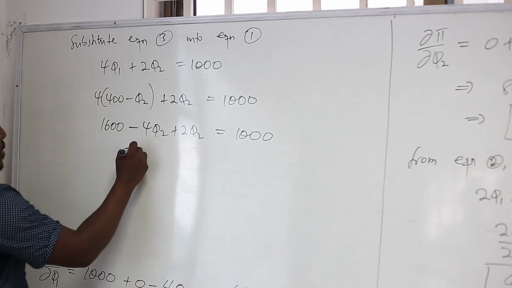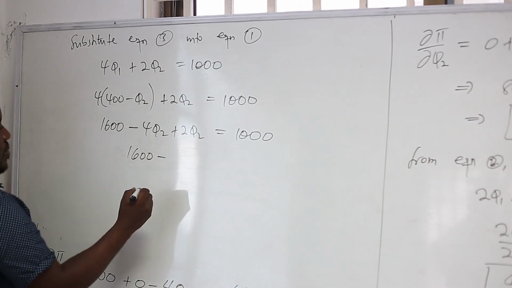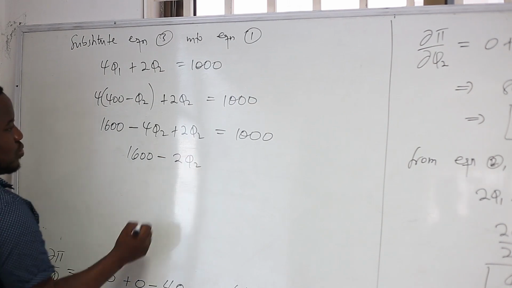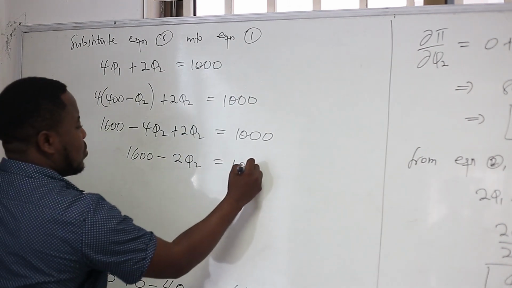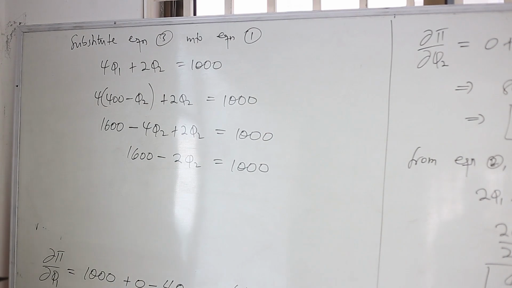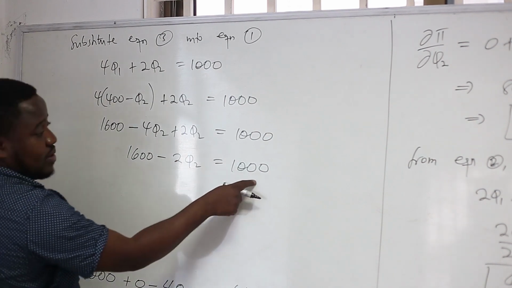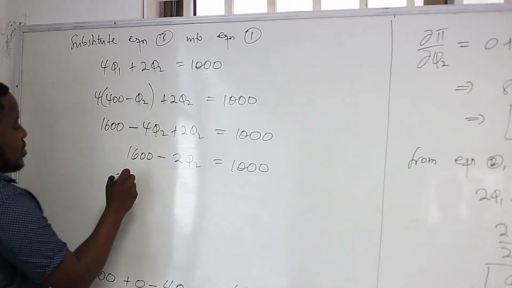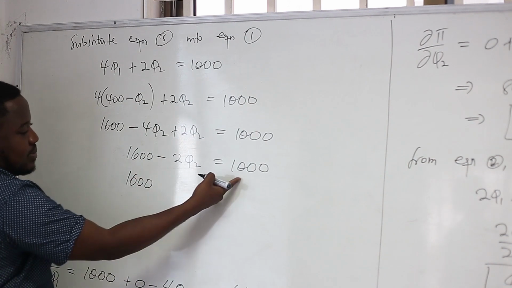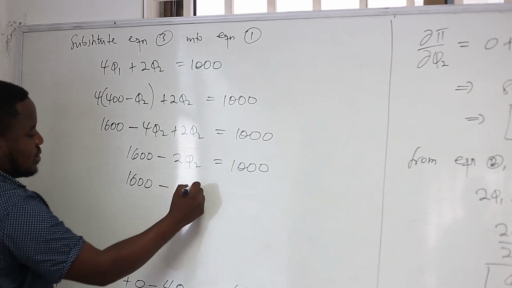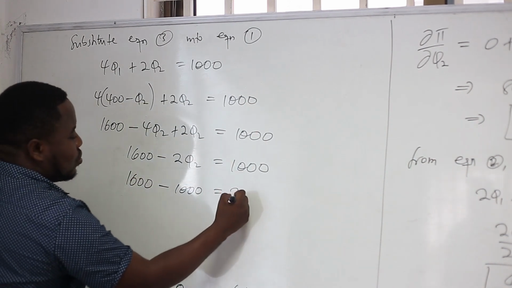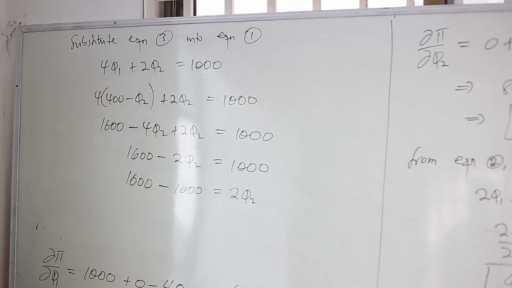So this will be 1600 minus 2Q2 is equal to 1000. So I'm looking for Q2. I can send this one to that side and bring this one here. Okay? So I have 1600, minus 1000 is equal to 2Q2.